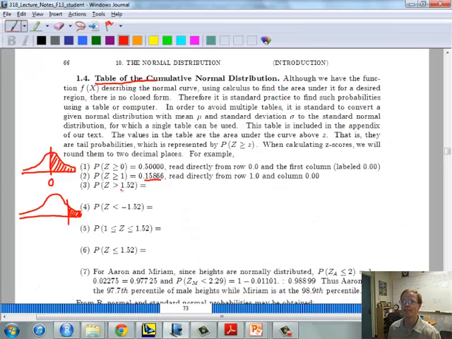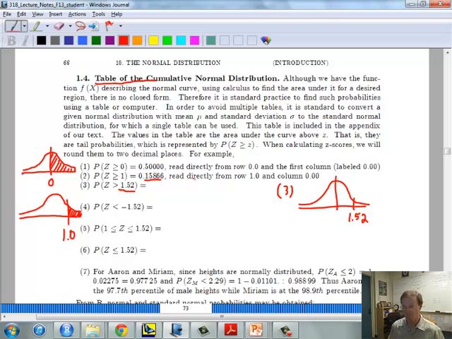Now we'll try z greater than 1.52. Okay. That was 1 right there. So for number 3, I'm just going to sketch greater than 1.52.